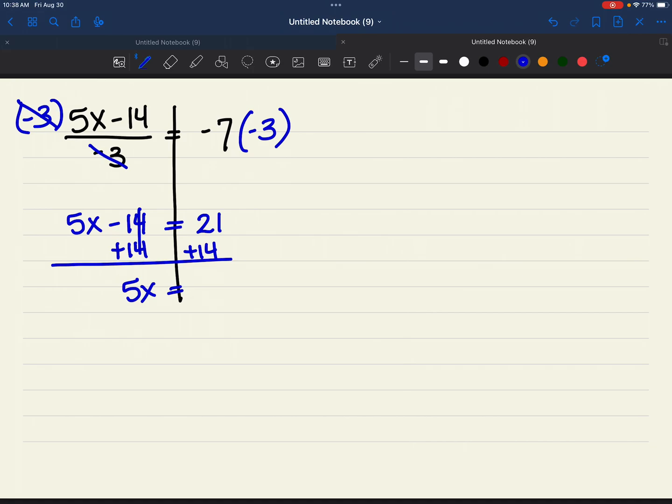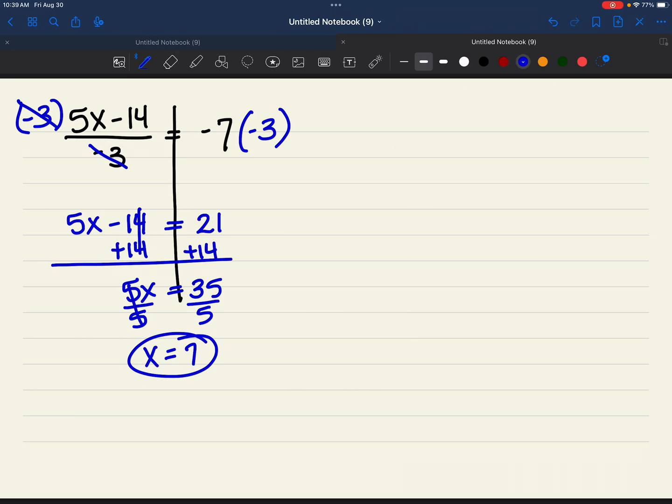Add 14. Okay, we get 5x is equal to 35. Last step, JC. Divide by 5, and you get x is equal to what? X is equal to 7.